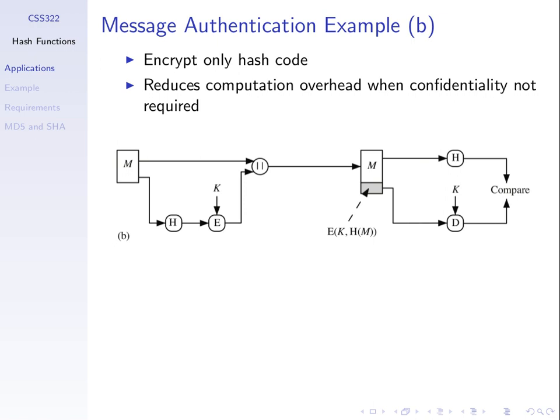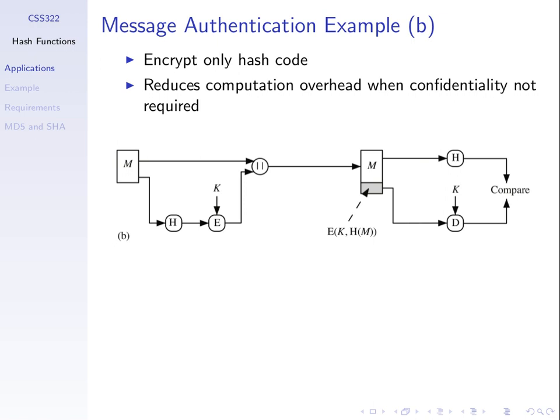Note that in this approach, we encrypt only the hash value. In our example, the message was 10,000 bits, the hash value was 100 bits. Encryption takes time. Encrypting a message of 10,000 bits is going to take 100 times longer than encrypting a message of 100 bits.